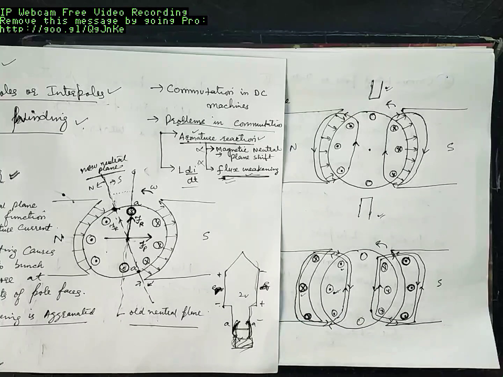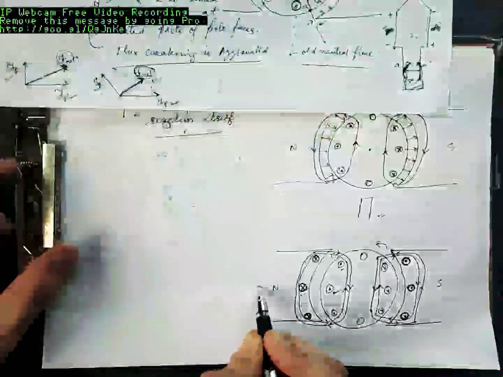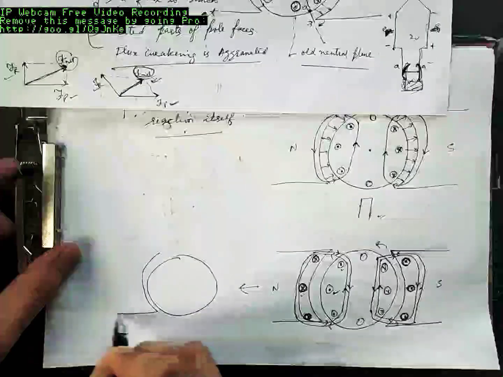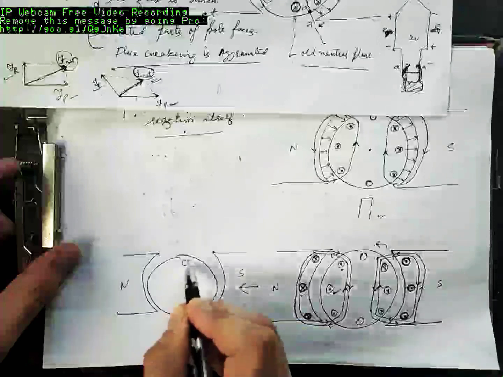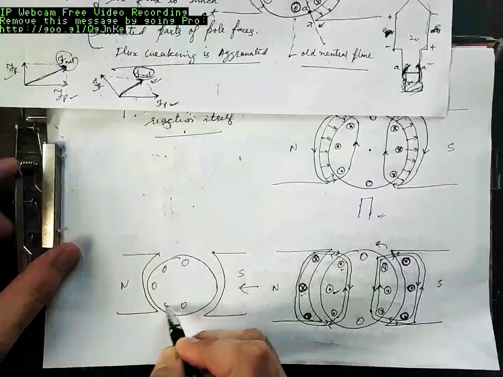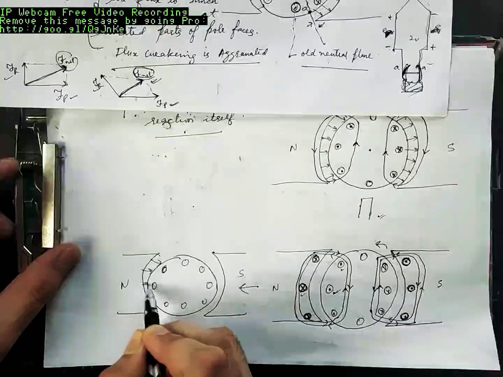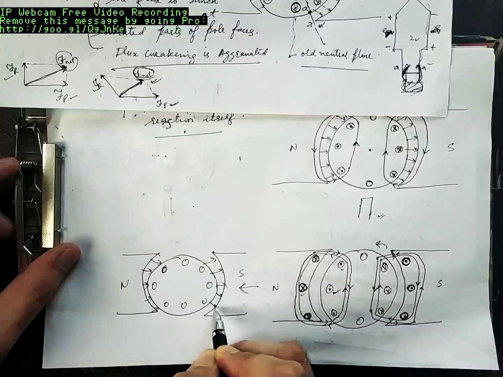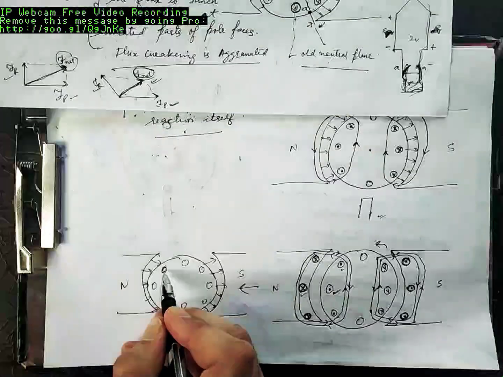Thus the only flux that remains in the machine is the main flux. This is north, this is south. The only flux that stays in the machine is the main flux. There is no armature reaction.